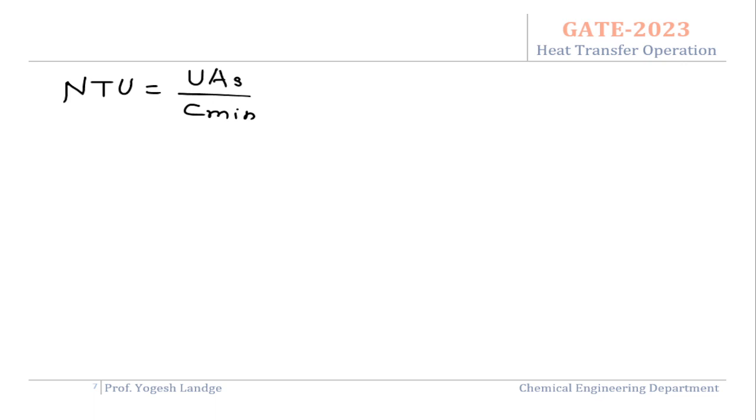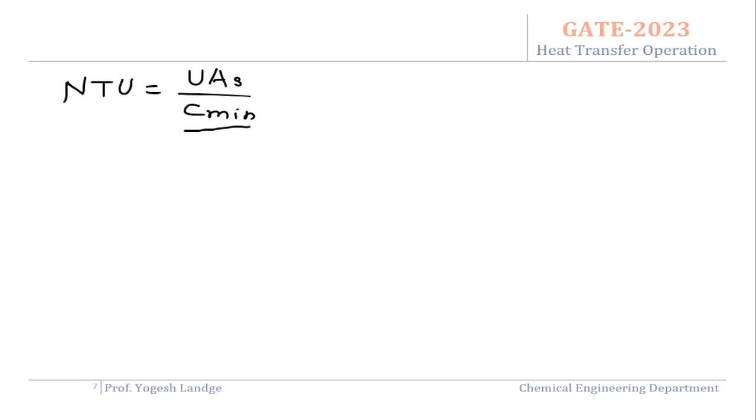If I know U, A and C minimum, I can get the NTU. But in our problem, they only give the mass flow rates, four temperatures and the specific heats. On that basis, it is possible for us to first calculate C minimum. So what is the value of C minimum?